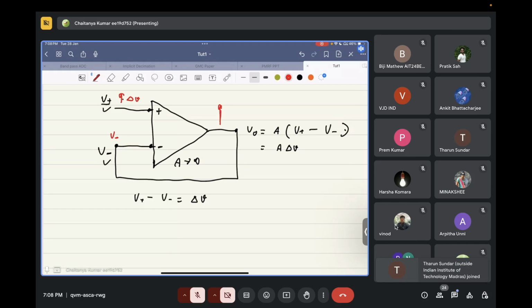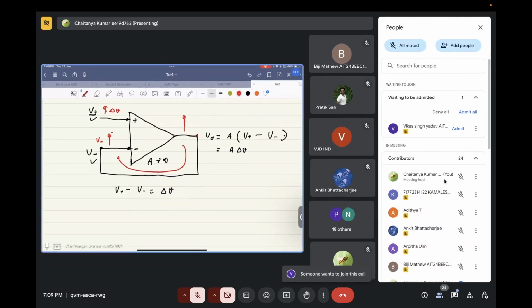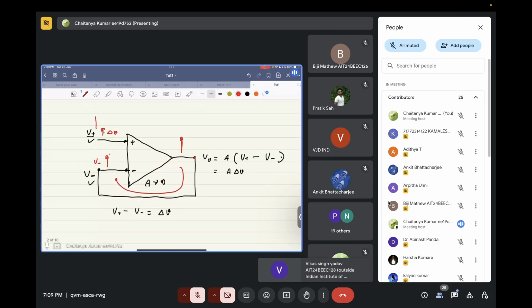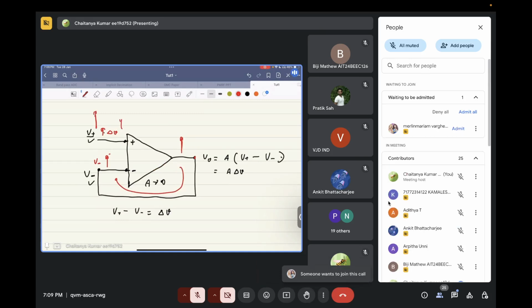Since the output of the op amp is connected to the negative feedback input of the op amp, the input will also try to increase. Wherever this voltage is going, so let's say this goes by plus delta V, this will also increase by a certain amount, and it will try to track whatever is happening at the plus terminal of the op amp.